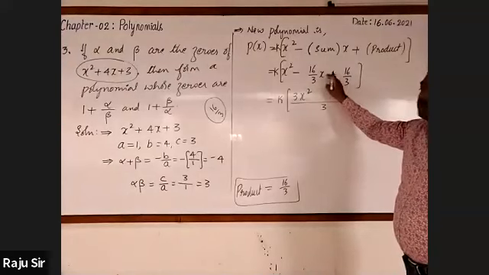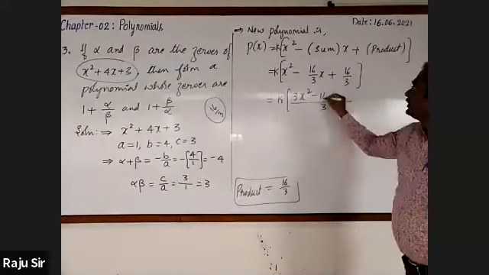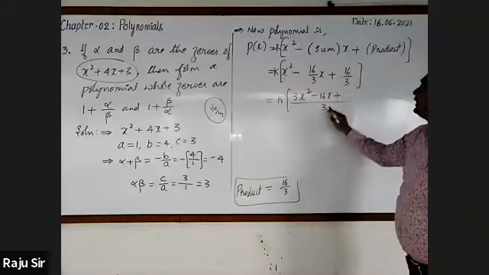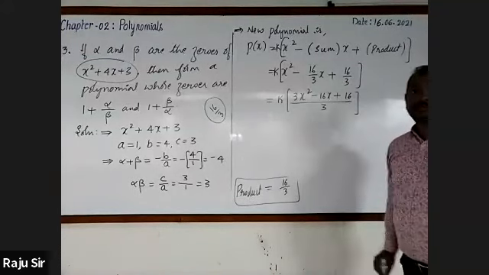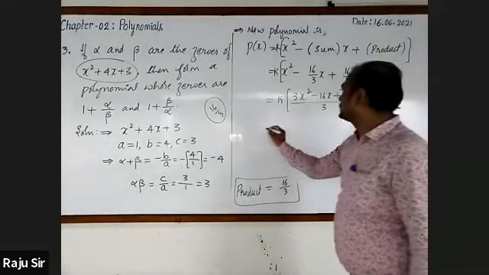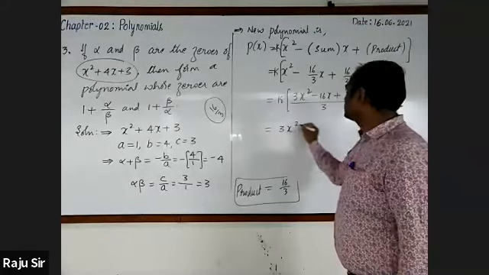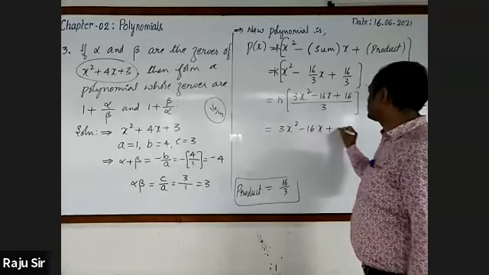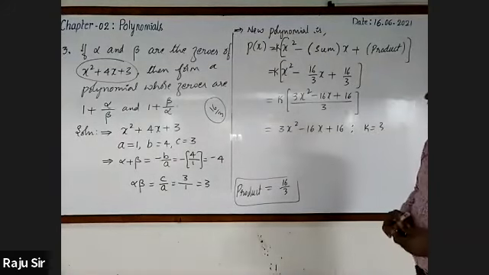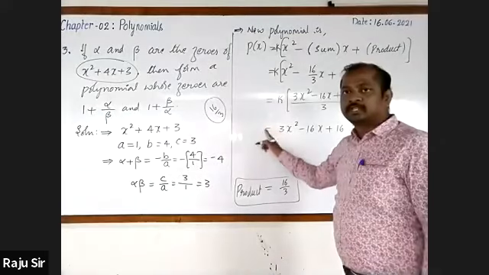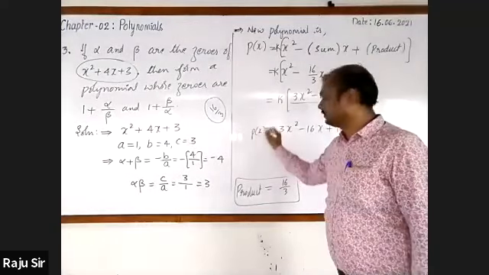Multiply with the second term, 3 gets cancelled, you will get 16x. Multiply with the third term, 3 gets cancelled, this is 16. Now this is equal to 3x square minus 16x plus 16, where k is 3. So this is the required polynomial.